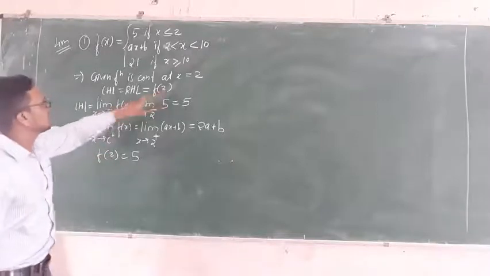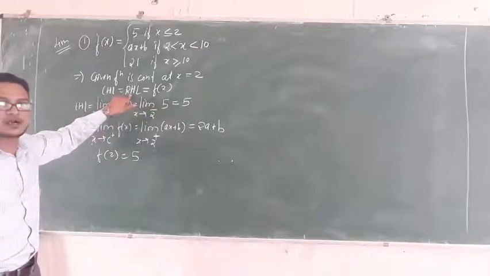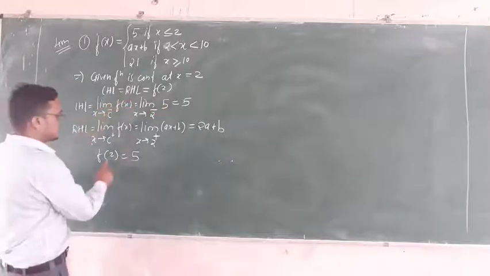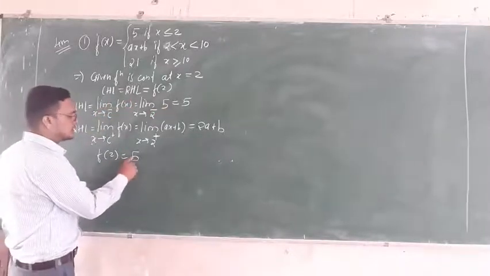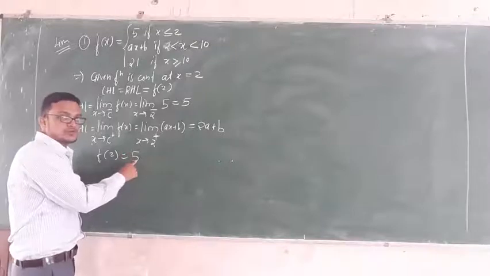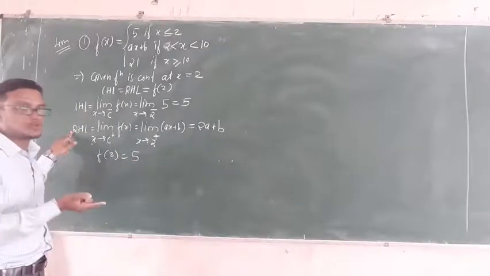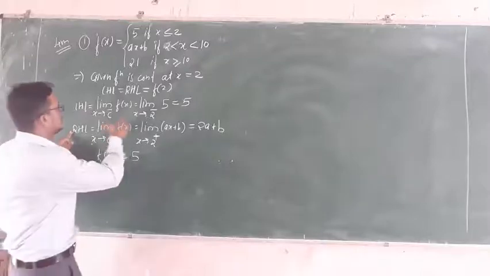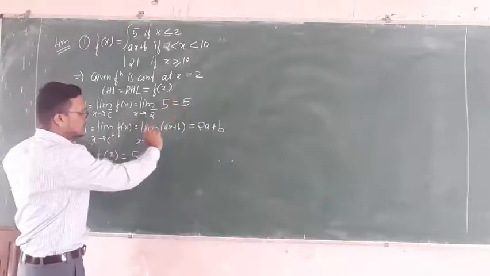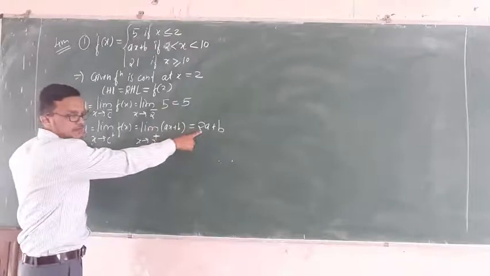Now this f of 2 you have to equate with LHL or RHL. How to decide, I told you. f of 2 value is 5. If f of 2 is 5, then in LHL and RHL, where you find a different value, that you have to equate. LHL contains 5, so I ignore that. But RHL contains a different value, that I have to equate.